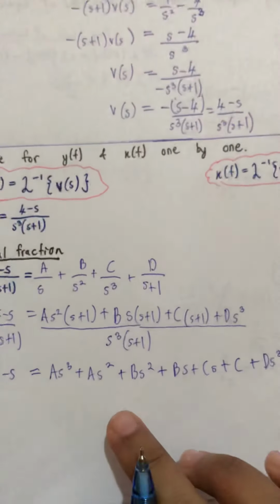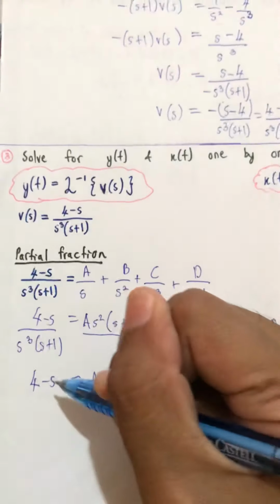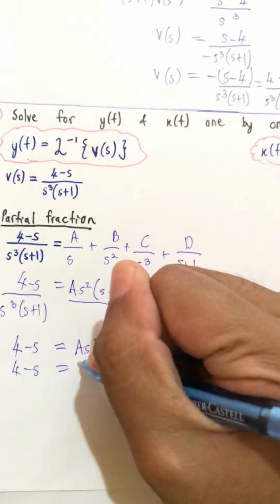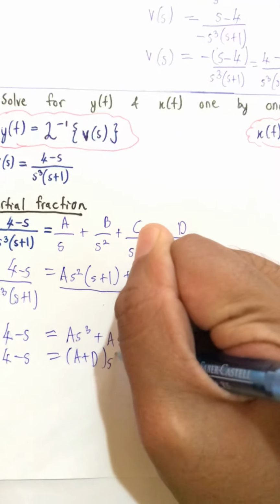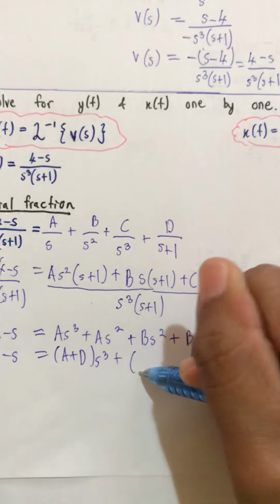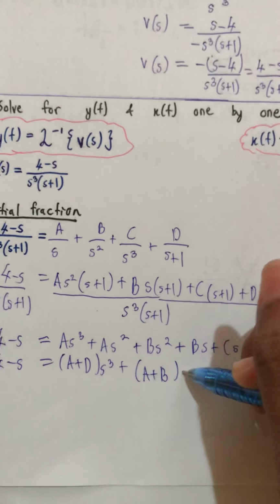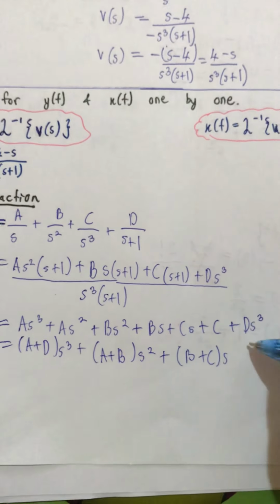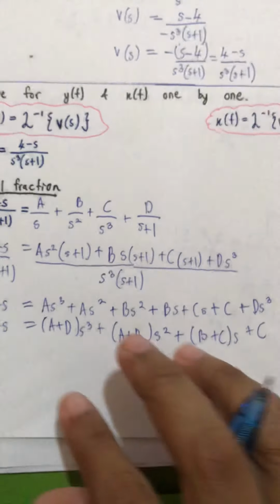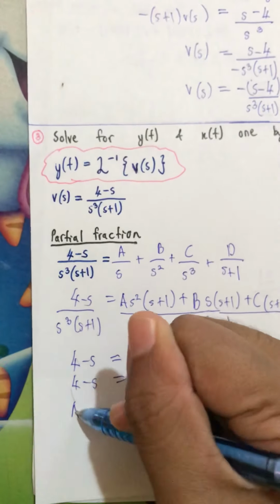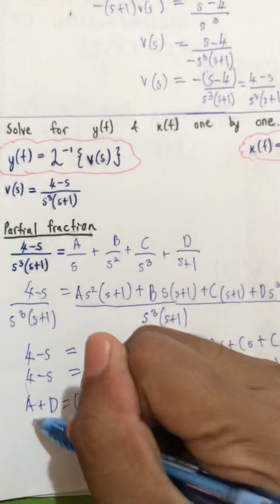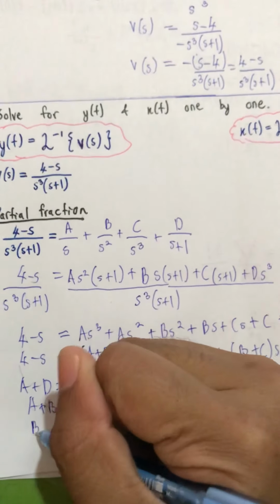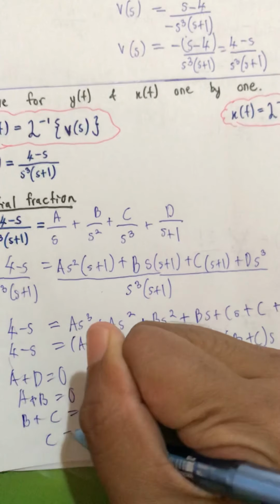So we try to factor out the s cubed, s squared, and s here. 4 minus s equal to, the s cubed is A plus D, for the s squared we got A plus B, and then for s we got B plus C, and then plus C. So we get the equations here: A plus D is equal to 0, A plus B equal to 0, B plus C equal to minus 1, and C equal to 4.